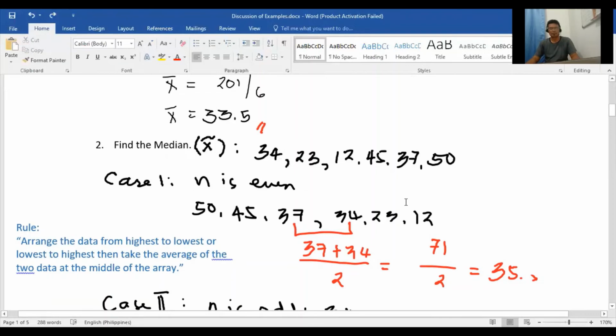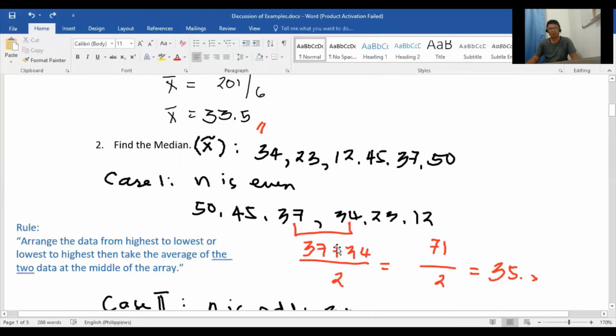But before we get the median, we have to arrange these scores or measurements or data from highest to lowest and determine the values that are found at the center. If I say values, there must be more than one. In this case, we only consider two values.